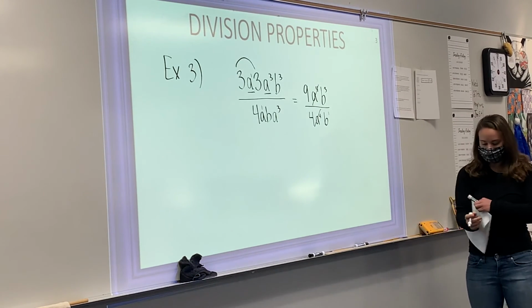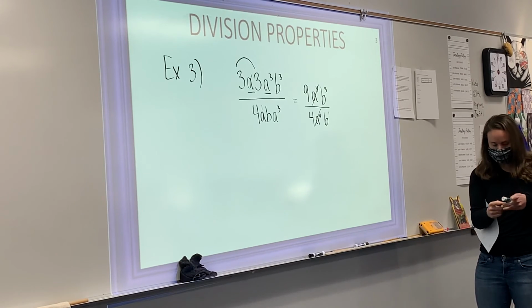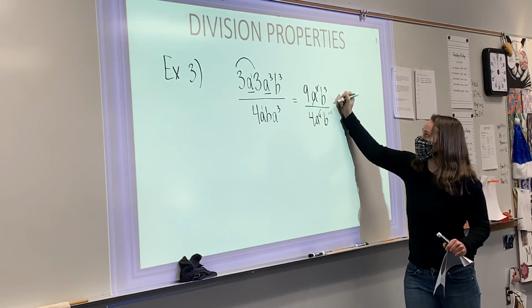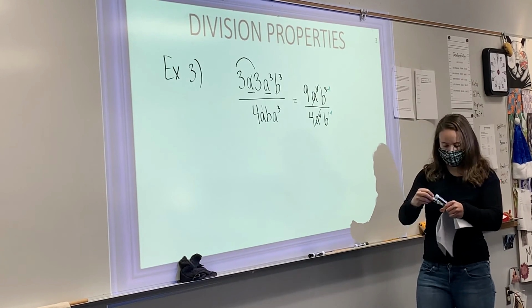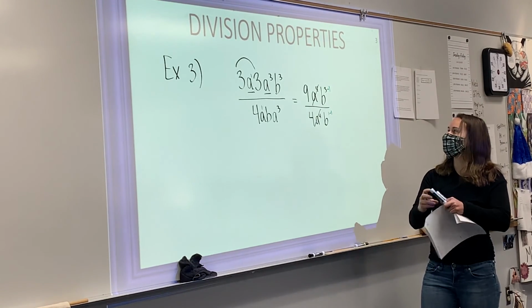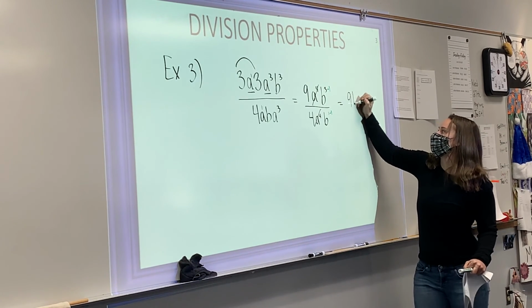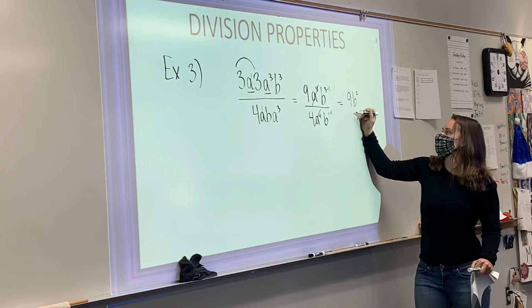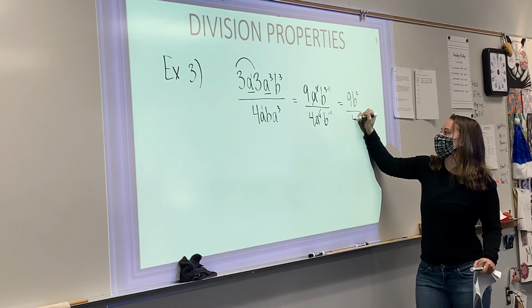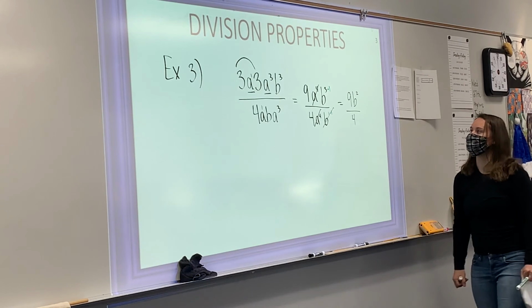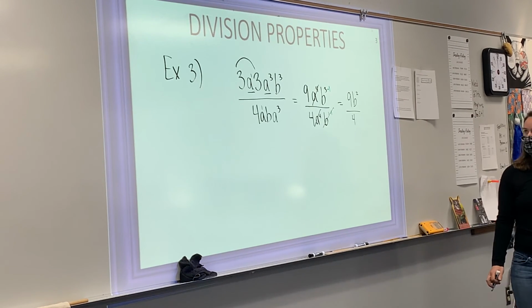Am I going to be subtracting the 3 or subtracting the 1? Okay. So subtracting the 1. So this is going to give me a 9b squared over 4, because this b to the 0 is going to cancel. And we are done.